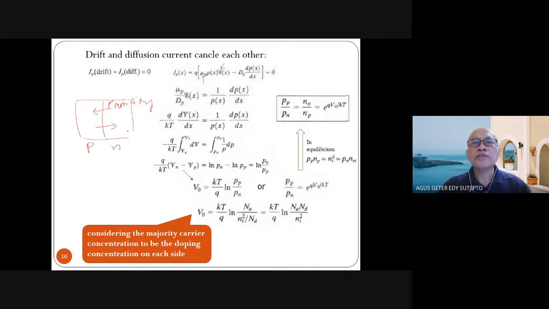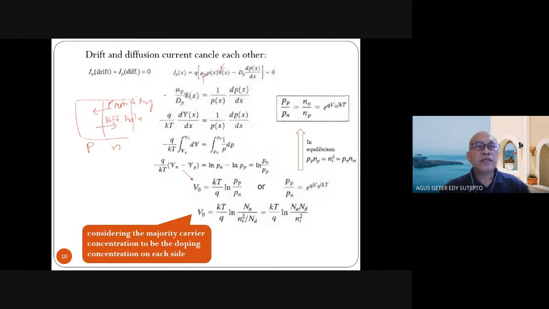So this causes the penetration of hole to the n type, and then causes the diffusion current, the diffusion of a hole.